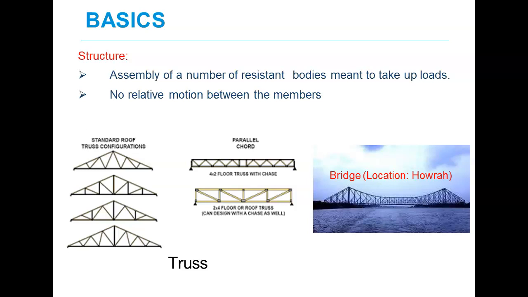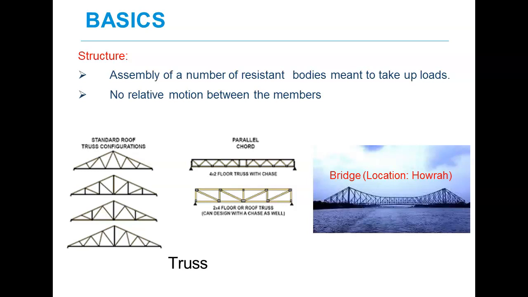If you take a static structure, static means it is a body which doesn't make a movement but it carries a load or otherwise transfers the load. Let's take a common example, the Howrah Bridge. We know that Howrah Bridge is one of the remarkable landmarks of our India.